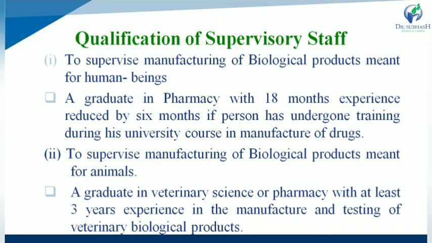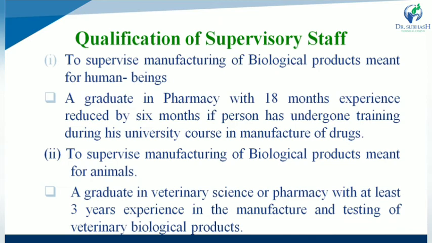So first qualification is graduate in pharmacy, as well as 18-month experience, but it is reduced by 6 months if the person has already trained during his university course in manufacturing of dosage form.